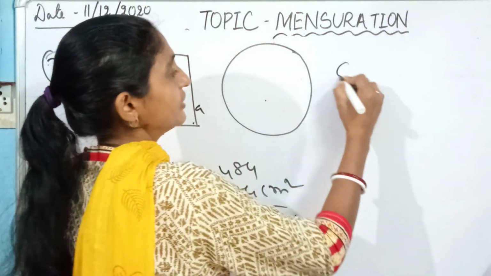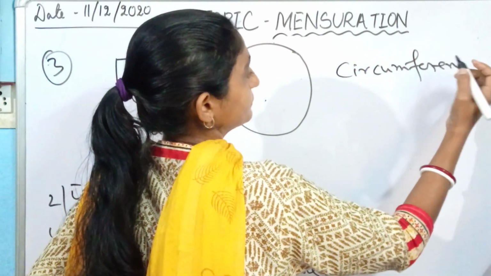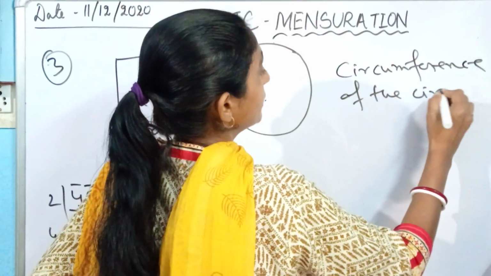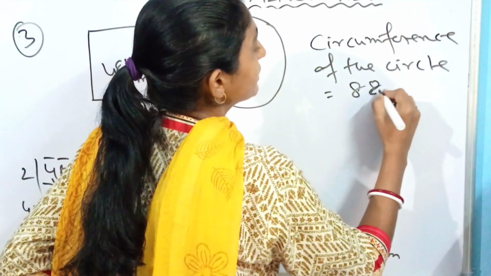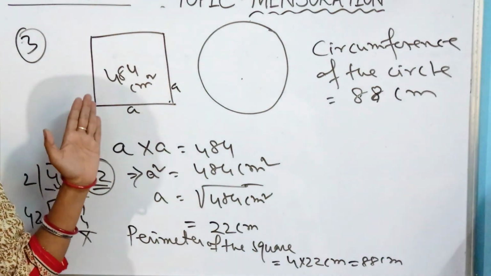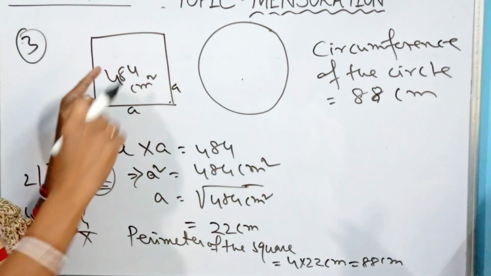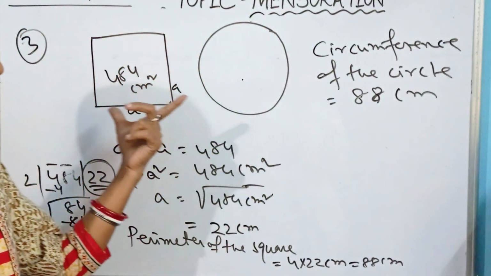So I can write, the circumference of the circle is equal to 88 centimeter, as per the given question, because the length of the wire is equal, and that length is bent to make a square and a circle.